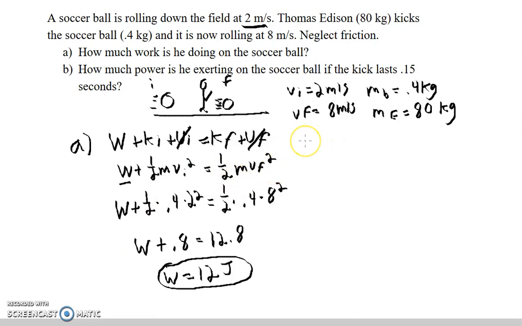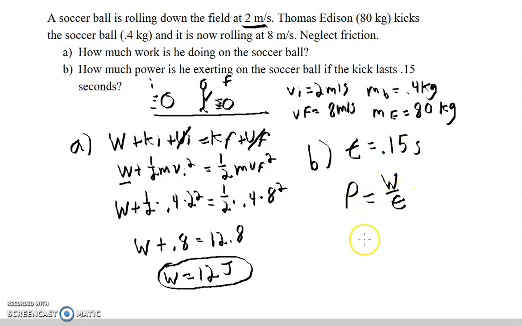The second part is dealing with power. It's asking how much power he is exerting on the soccer ball if the kick lasts 0.15 seconds. So now we know the time that this kick takes place. To calculate the power, power is equal to the work over the time. We know how much energy goes in, and we know the time.